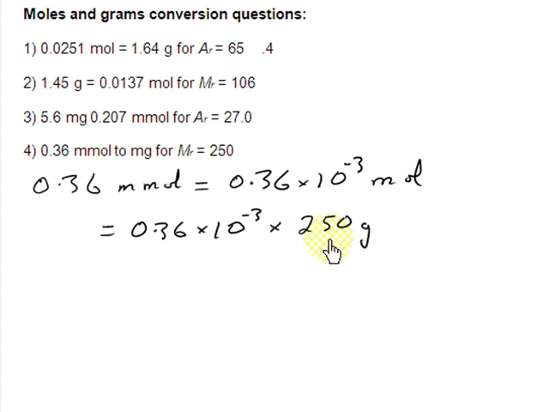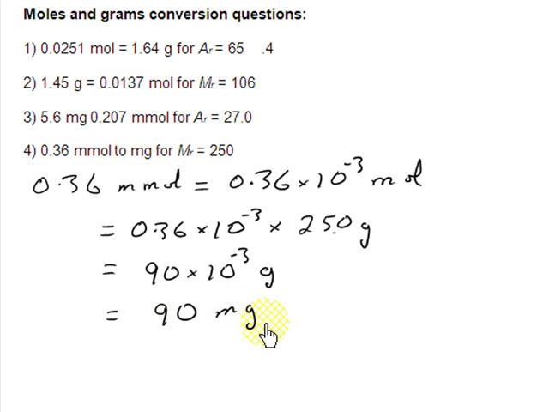So 1 mole becomes 250 grams for this compound, which then gives a value, multiplying out this expression, of 90 times 10 to the minus 3 grams. And we know that 10 to the minus 3 grams is a milligram. So this is 90 milligrams.